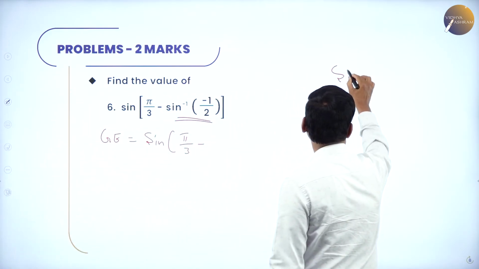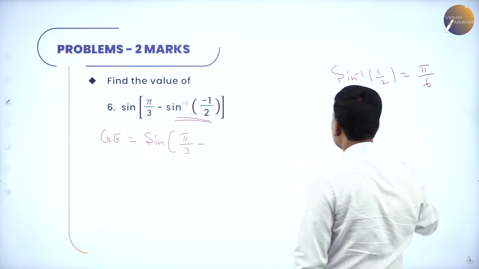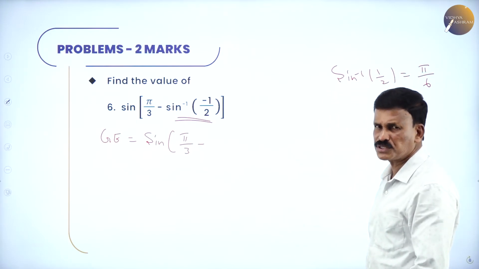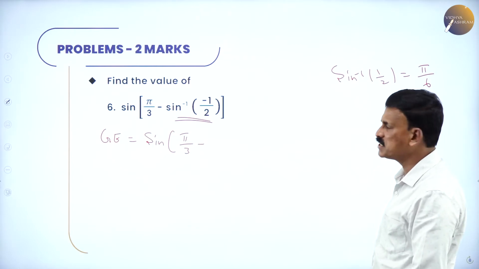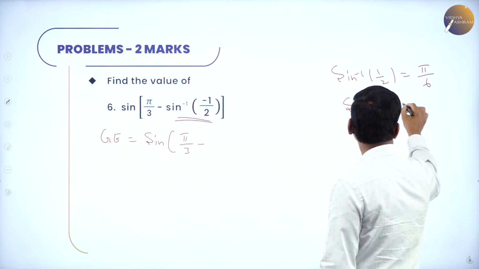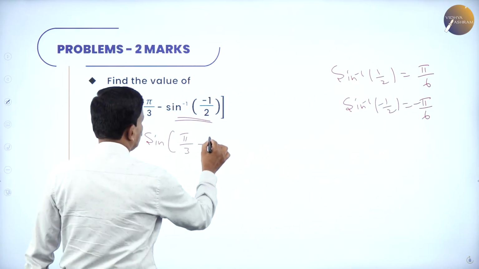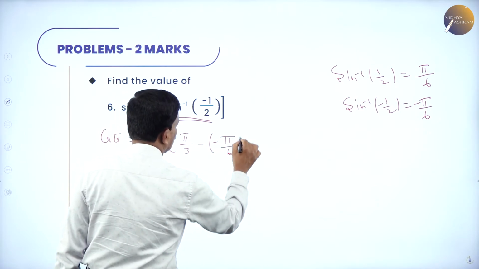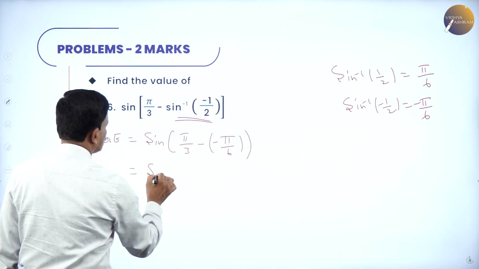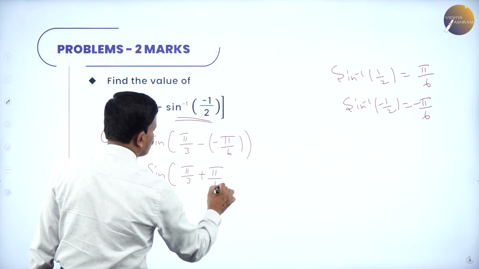See here, sine inverse of 1 by 2: sine 30 degrees is equal to 1 by 2, sine 30, that is pi by 6 radians. What is sine inverse of minus 1 by 2? This is equal to minus pi by 6. So this is equal to sine of pi by 3 minus into minus, plus pi by 6.